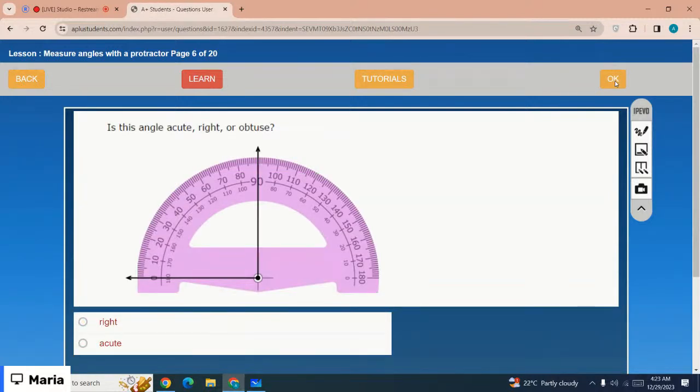Is this angle acute, right, or obtuse? Which is the correct option? That is 90 degrees, right angle it is. Got it? The correct option is right angle.